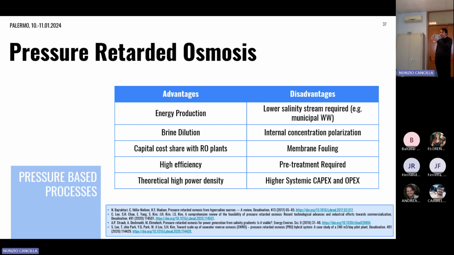For example, since what you transfer is mainly water that goes through the membrane, rather than in the case of reverse electrodialysis, where you have the transport of ions through the membranes, membrane fouling is a completely different issue in this case.